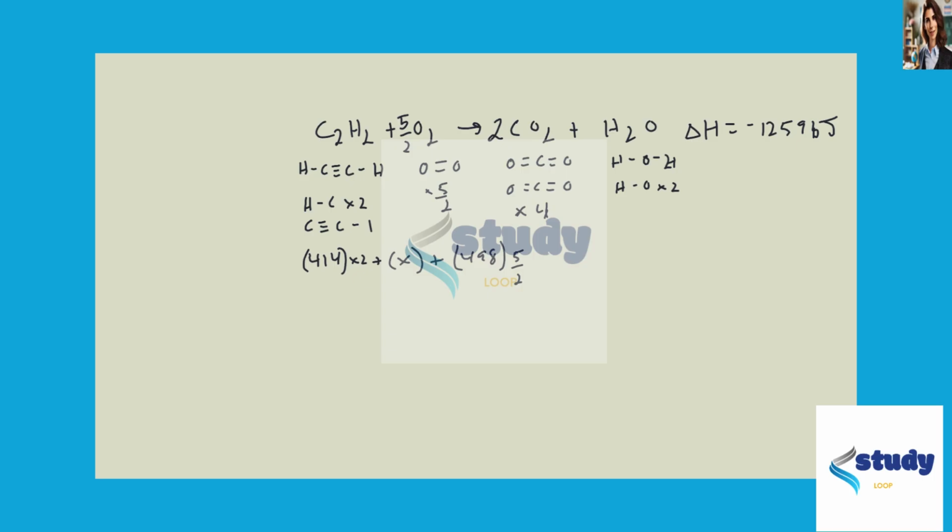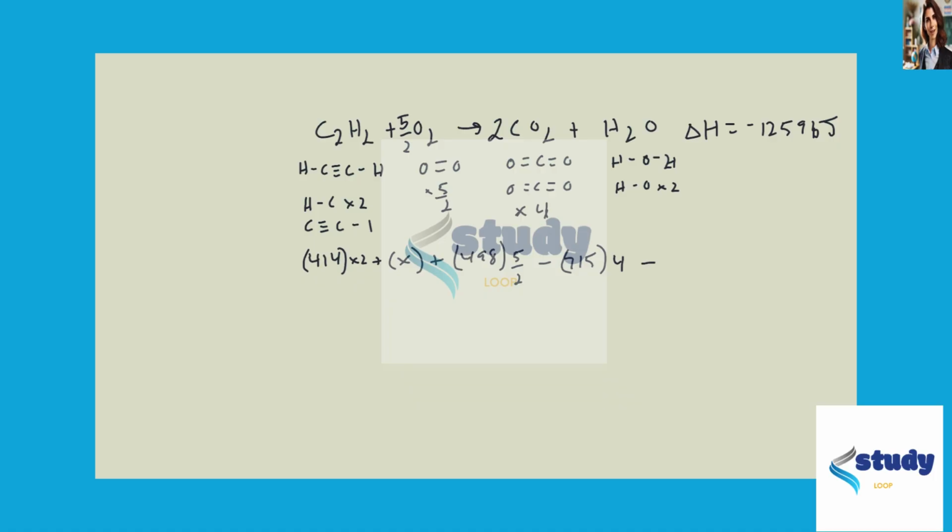Now, on the other side of the equation, we are not breaking bonds, we are forming bonds, which means the energy is negative, so I'm going to subtract those. If I look up the carbon-oxygen double bond, that is equal to 715, but I'm going to multiply that by 4.